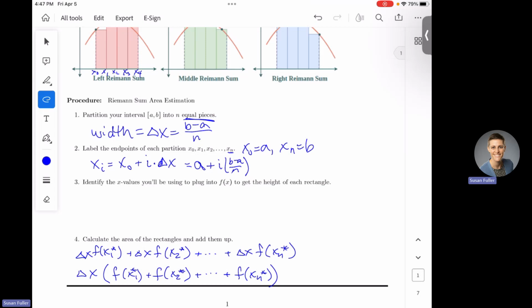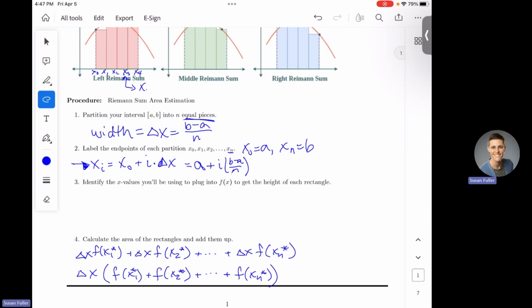And then if I wanted to calculate any specific x value in between, like x sub 3, we talked about on Wednesday that this is how we can find that, any intermediate value.